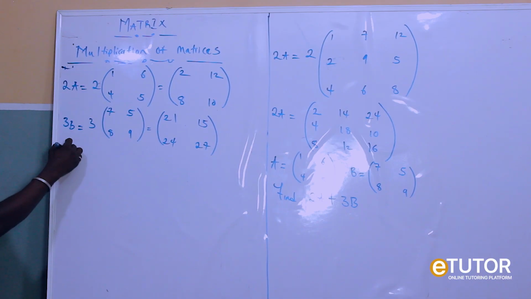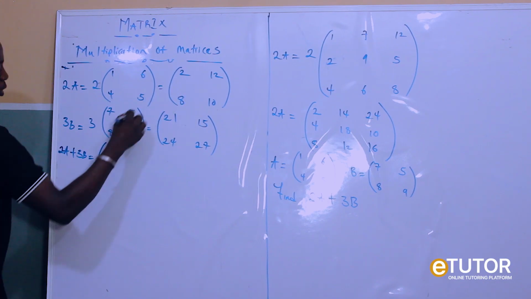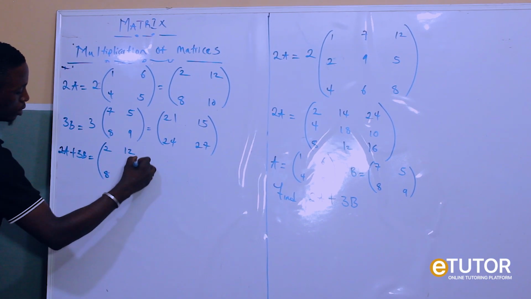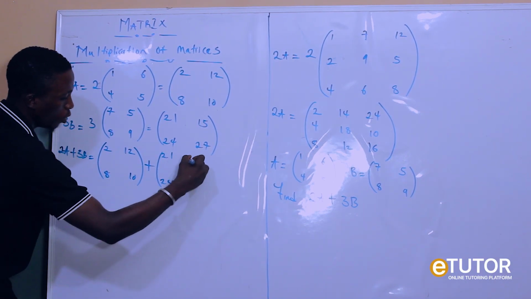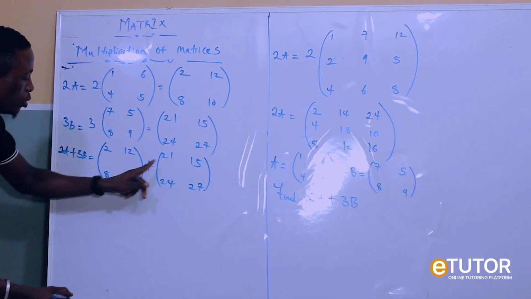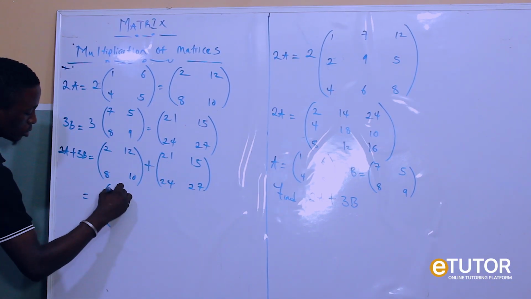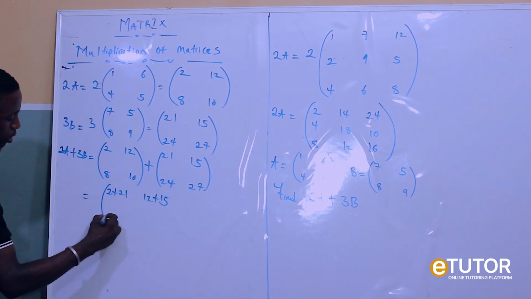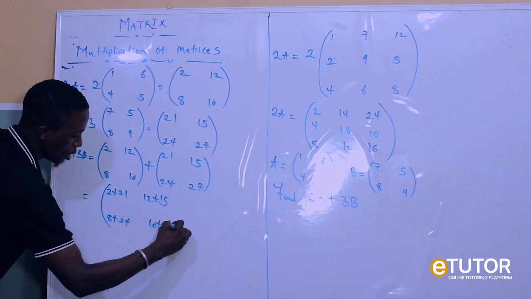So your 2A plus your 3B equals matrix 2A, which is 2, 12, 8, 10, plus 21, 24, 15, 27. We have to add these two matrices together. So this will give us 2 plus 21, 12 plus 15, 8 plus 24, and 10 plus 27.